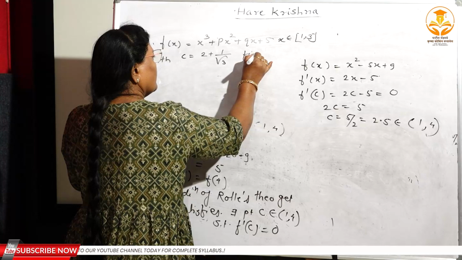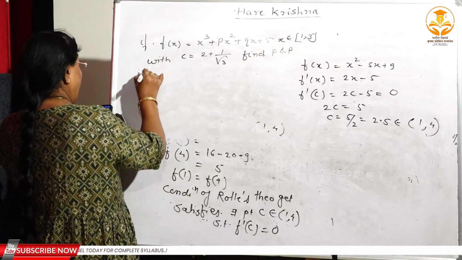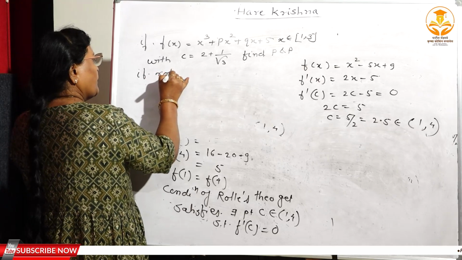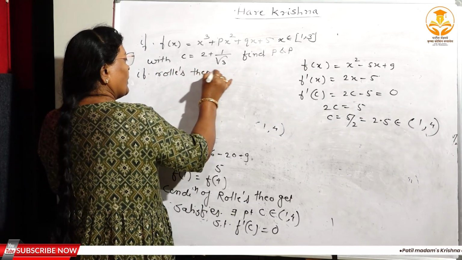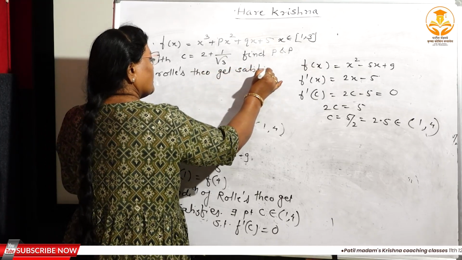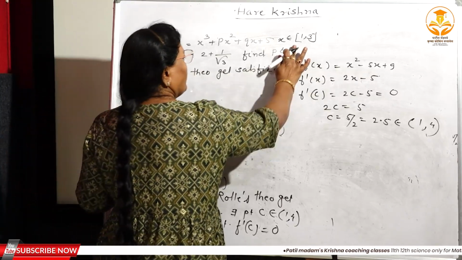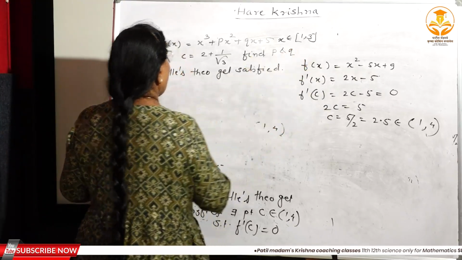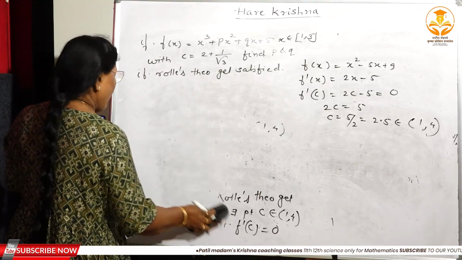Find p and q if Rolle's theorem is satisfied, isn't it? Here you want to find p and q, and they have given c is equal to 2 plus 1 by root 3.